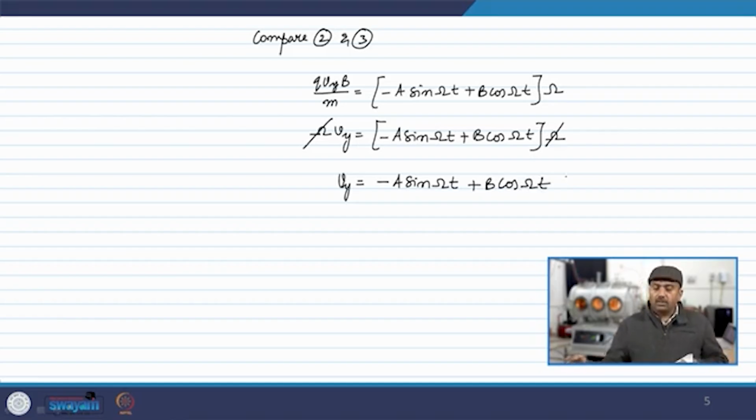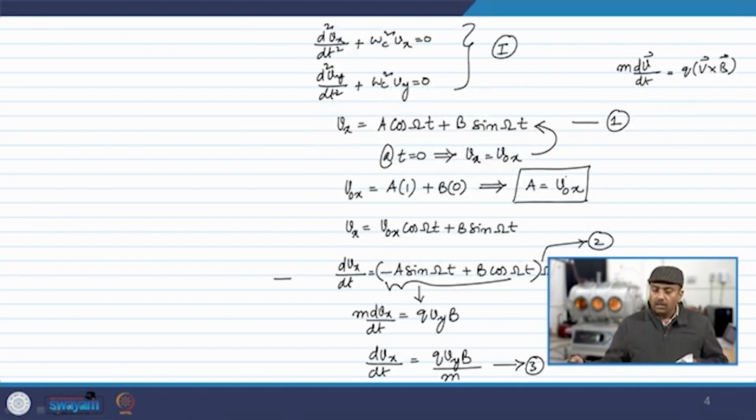Now, you just try to understand what I have done. I started by assuming a solution for Vx. What is Vx? Vx is the independent variable which appears in the second order differential equation, right. So, I assumed a solution for Vx and now this solution has two constants a and b. So, I do not know what are these values.